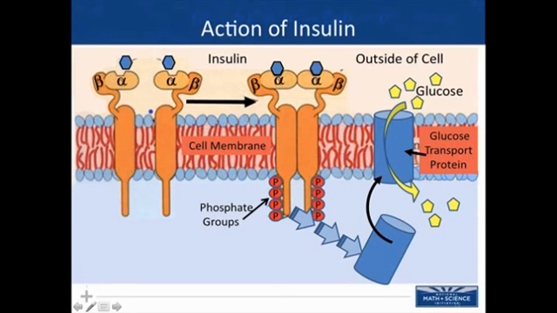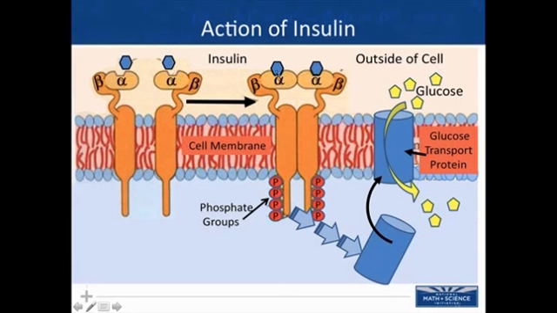Let's start with the left side protein. This protein that's integral or embedded in this membrane is serving as an insulin receptor site. The hormone insulin has come from the bloodstream and has arrived on the outside of the cell.